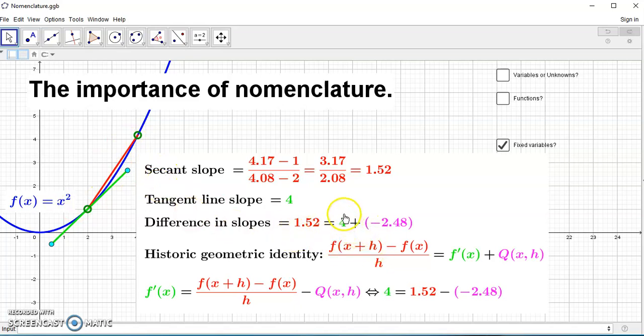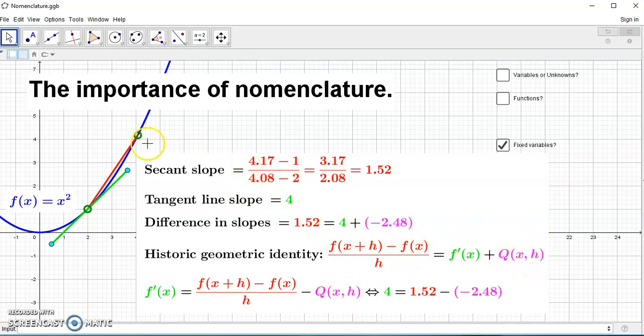If you have to keep this secant line and the tangent line constant, so if this is 4 and 1.52, any other value except minus 2.48 will render this equation untrue. It will also render this identity untrue.